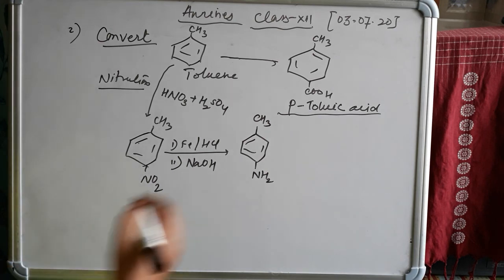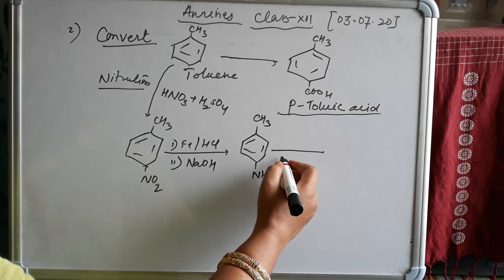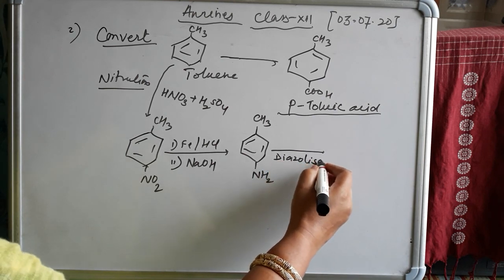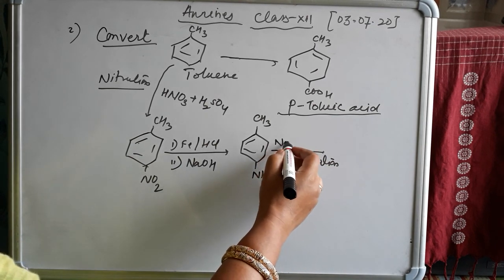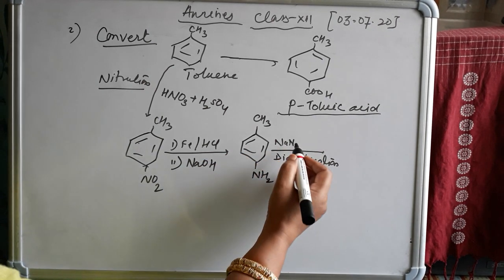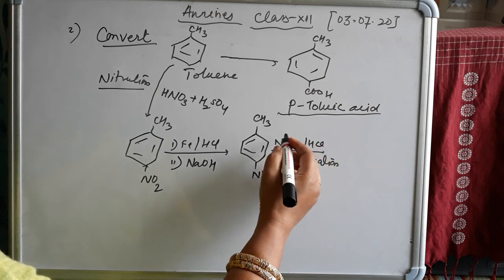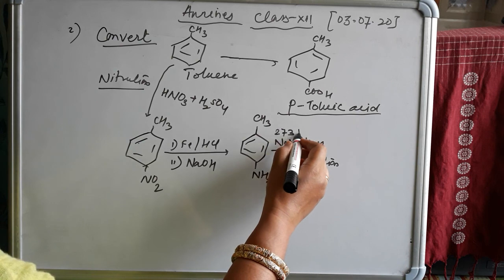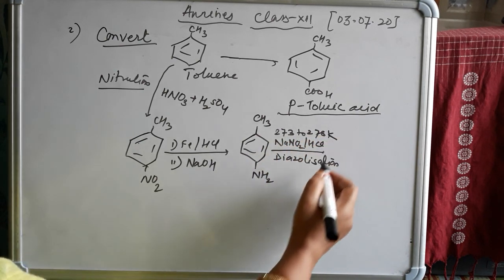What happens? Obviously we use diazotization. What happens in diazotization? Formation of diazonium chloride by using NaNO2 in HCl, and the temperature must be 273 to 278 Kelvin.